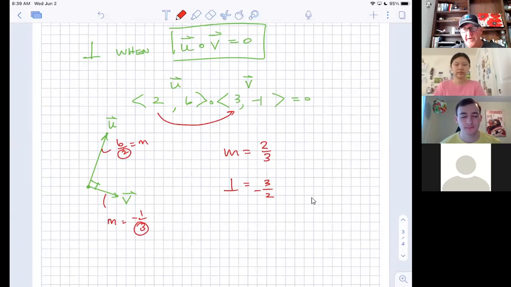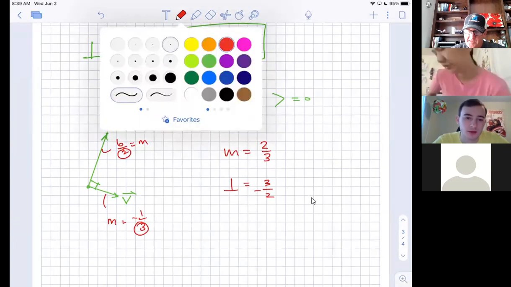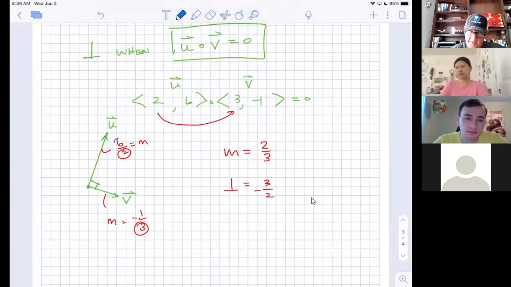So if I take numerators and multiply them together, and then I take denominators, then I take the numerators and multiply them together, and I add those, I'm going to get 0. This is all kind of tied together. Anyway, that's just kind of cool. So it's actually possible to tell if 2 vectors are perpendicular. It's possible to make 2 vectors that are perpendicular based on this. And I won't take the time to go 3D with this, but the same thing would apply in 3D.